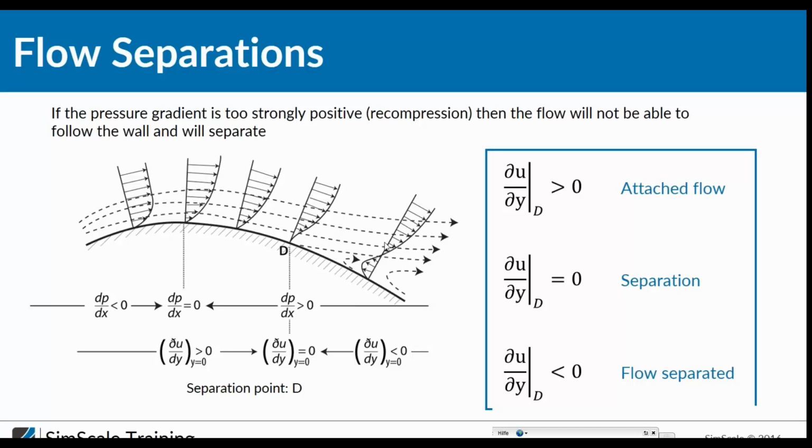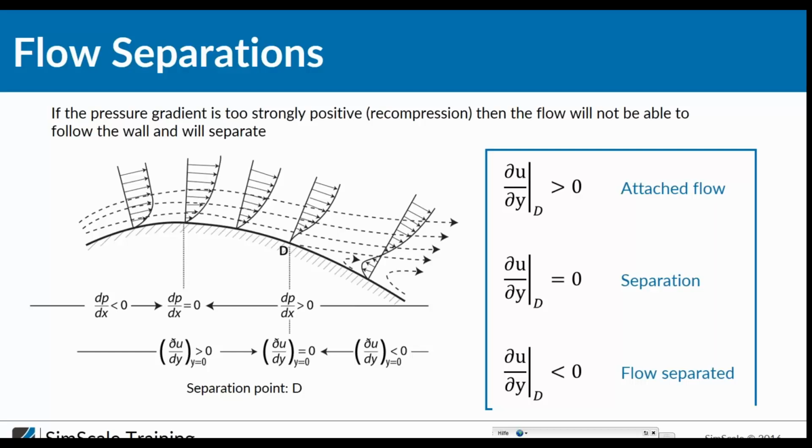Inside this airstream, we have kinetic energy. And this kinetic energy is converted into pressure energy. And when the energy of the boundary layer is not enough to run against this pressure gradient, we will have flow separation, as you can see here. And this point D, where the flow starts to separate, is called the separation point.